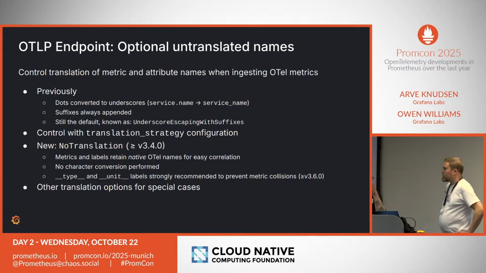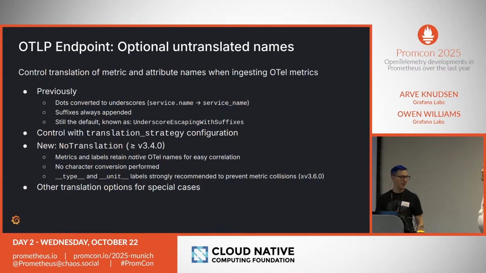Yeah, so as we heard yesterday, there's still a lot of rough edges around integrating OpenTelemetry with Prometheus, and we're working on those things one at a time and trying to smooth the experience. And so one major piece of work in the past year has been the ability to allow for optionally untranslated metric and label names when ingesting into Prometheus.